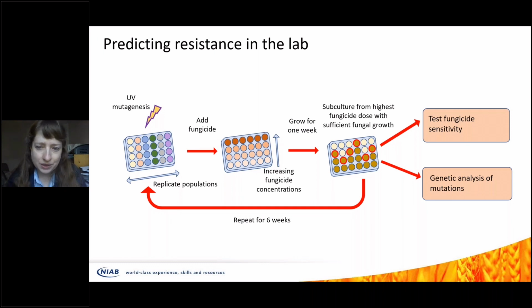We select with the fungicide, and then if we get some lines that can grow at higher concentrations, we take those lines forward and carry on selecting. And then at the end of 6 weeks, we look at those mutants and test their fungicide sensitivity, and we also do the genetic analysis to see which mutations we're getting.